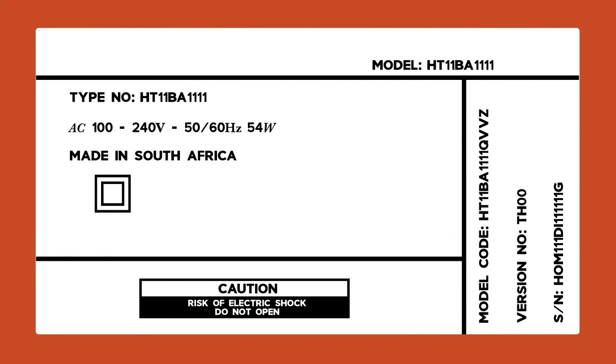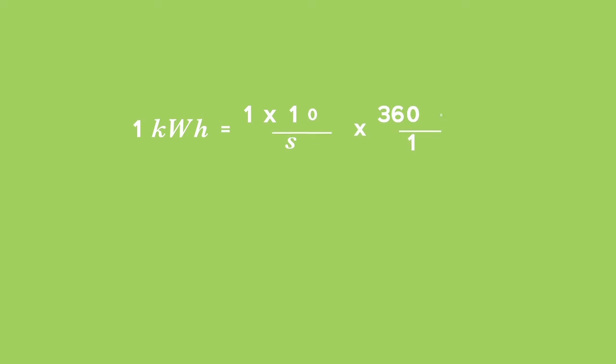We can do an energy audit on our appliances by looking at the ratings supplied on the labels. Kilowatt hours and joules are two different units of energy. We can find the relationship between the two units by expressing kilowatt hours in the normal SI units.